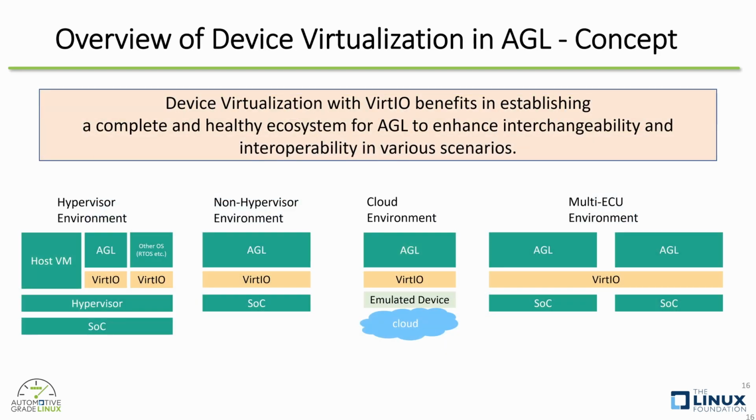So in general, device virtualization with VirtIO benefits establishing a complete and healthy ecosystem for AGL to enhance interchangeability and interoperability in various scenarios, no matter whether it is hypervisor, non-hypervisor, cloud native, or even a multi-ECU environment.